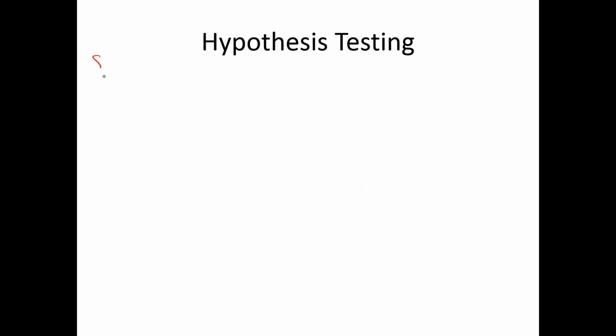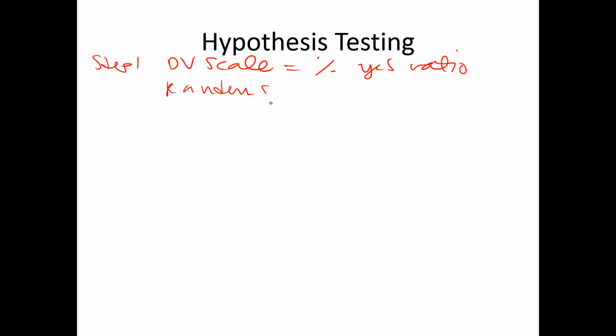Alright, so step 1 is the DV scale. And since it's a percent, I would say yes, because percentages are ratio scales. All right. Did we have random selection? And probably not, because these are people.